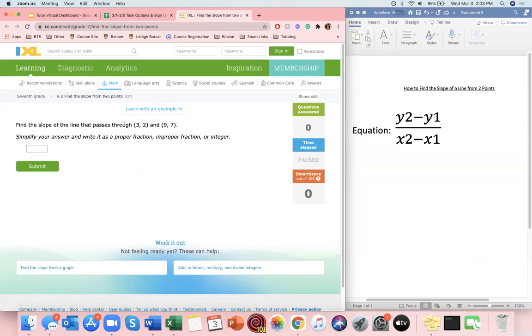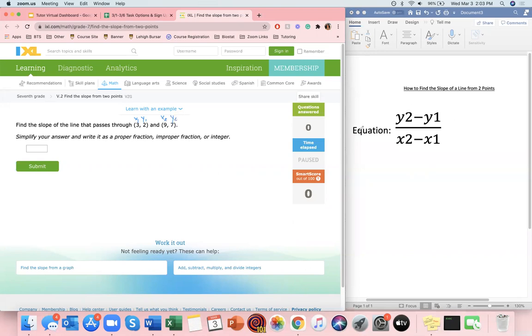The first thing is that we would label each of these. 3 would be x1 and 2 would be y1. 9 would be x2 and 7 would be y2.